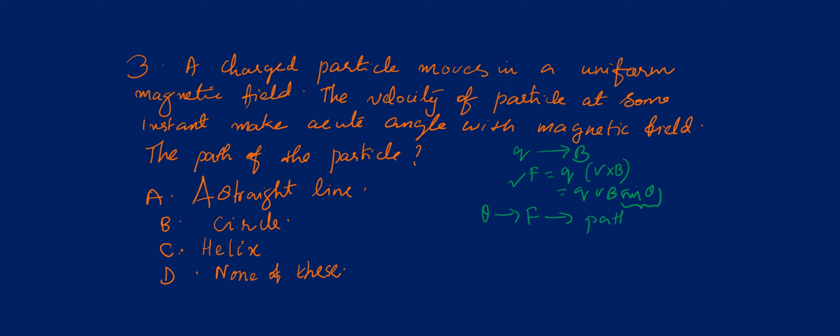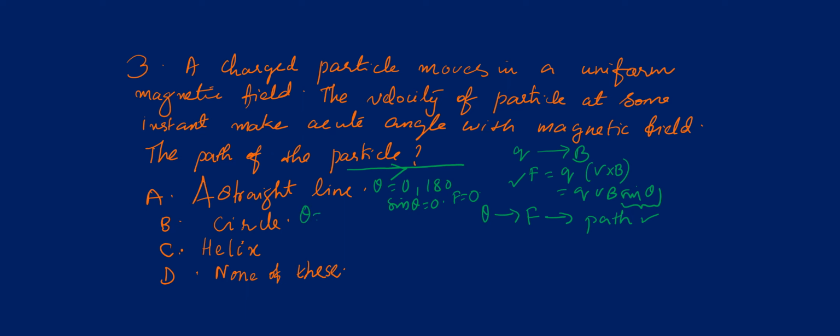When force varies, the shape of the path also varies. So when theta equal to 0 degrees or 180 degrees, sin 0 is 0, so force will become 0. That means the charged particle goes in a straight line path. It will not get affected by the magnetic field because no force is there.